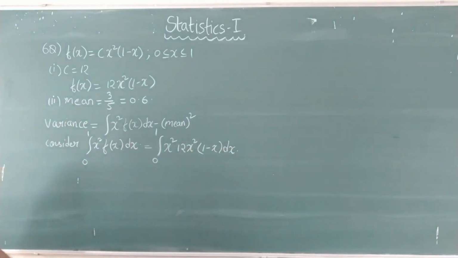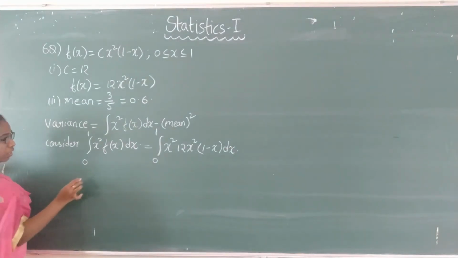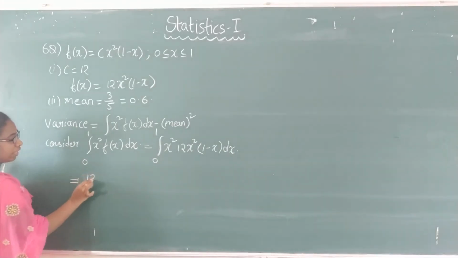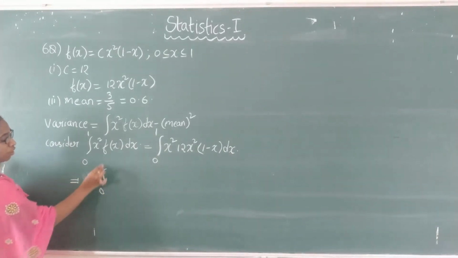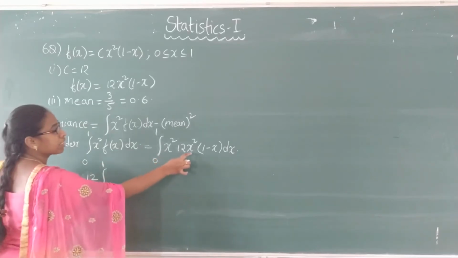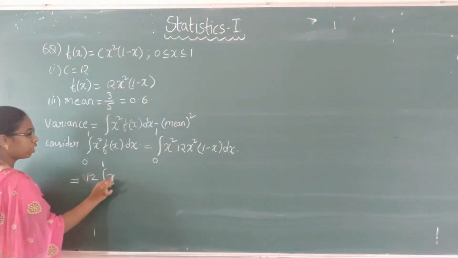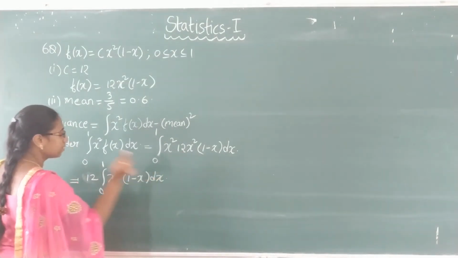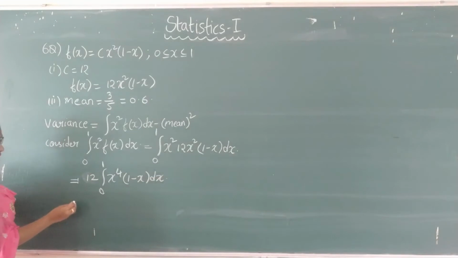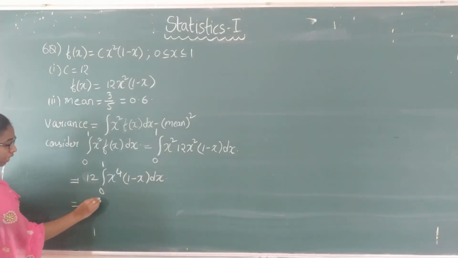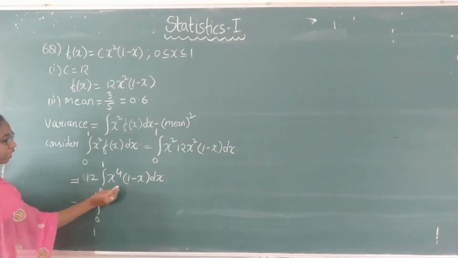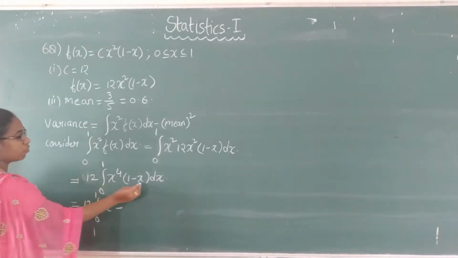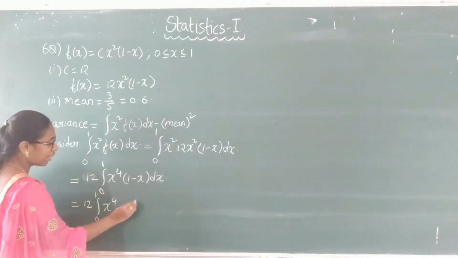Now simplify it. 12 is a constant, so it is 12 into integral over 0 to 1 x square into x square, that is x power 4 into 1 minus x dx. Multiplying x power 4 inside, 12 into integral over 0 to 1 x power 4 into 1 is x power 4, minus x power 4 into x is x power 5, dx.